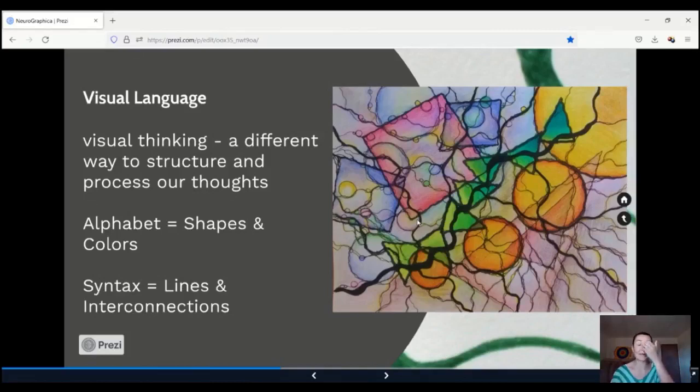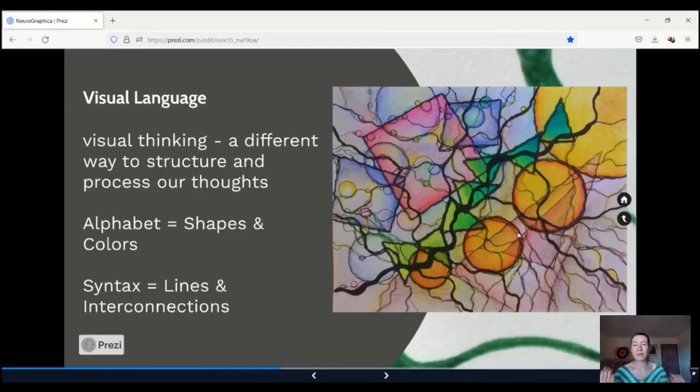I'm going to come to this part later. And then I have different kinds of lines, in different directions with different strengths, that connect these elements. So I can create a representation of very complex ideas.